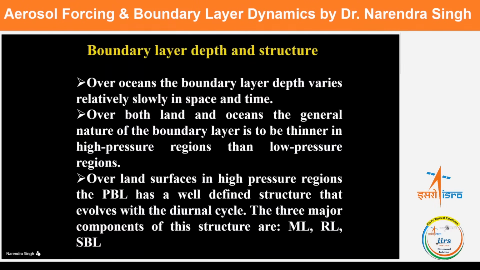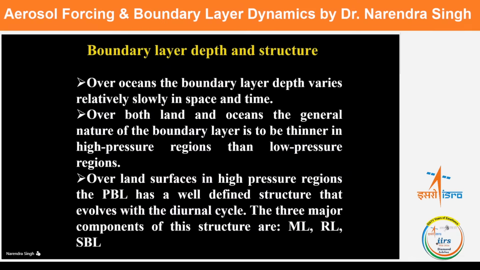Because the heat capacity of water is very high, it slowly absorbs heat and warms slowly. It doesn't warm faster like land. That is why we have land breeze and sea breeze in the nighttime and daytime. Over both land and ocean, the boundary layer tends to be thinner in high pressure regions.